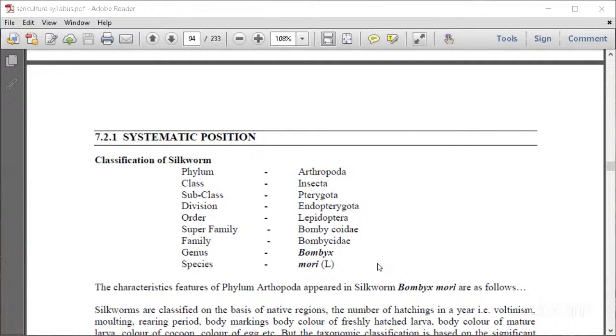But the taxonomic classification is based upon the significant evolution of the organism. It considers the body form, organ system, and genetic traits.